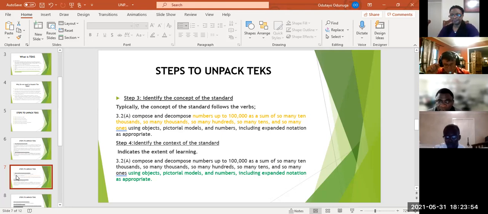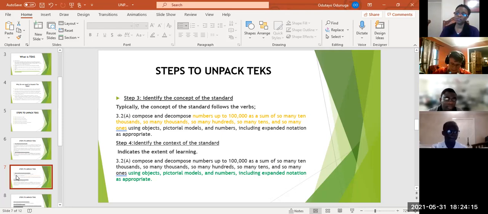So that's the concept. Can they multiply? Do they know the relationship in base 10 among these numbers, starting with 10, then 100, then 1,000, up to 100,000?